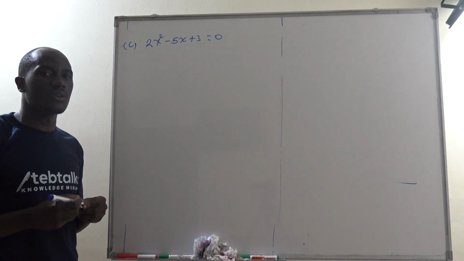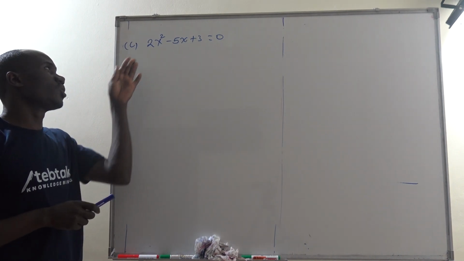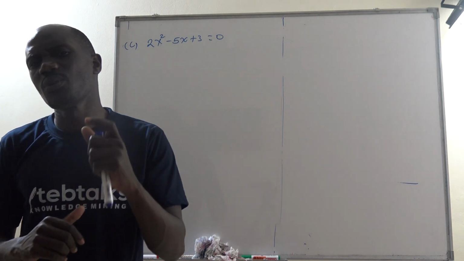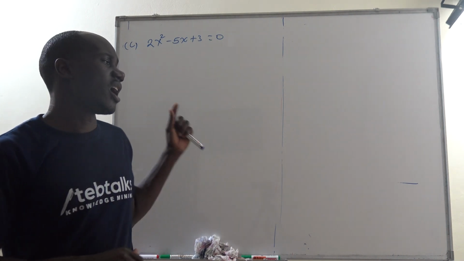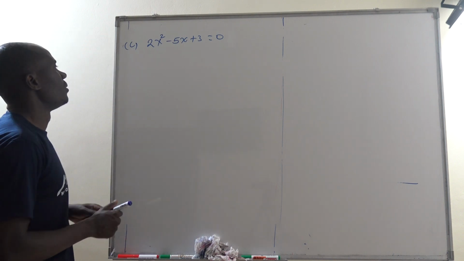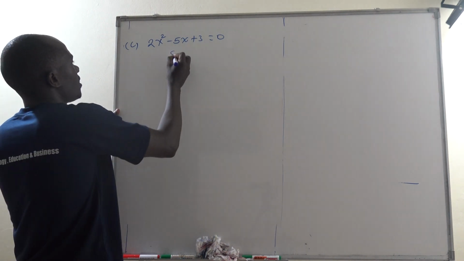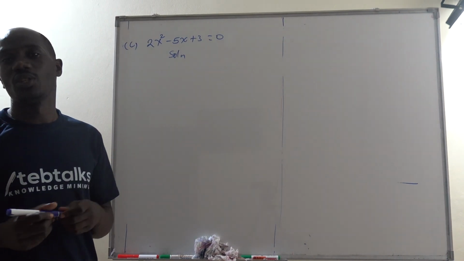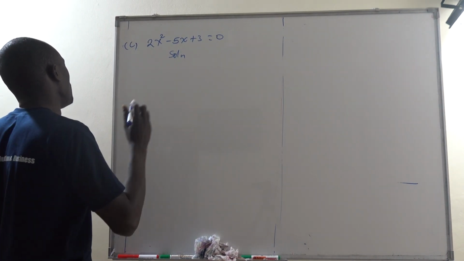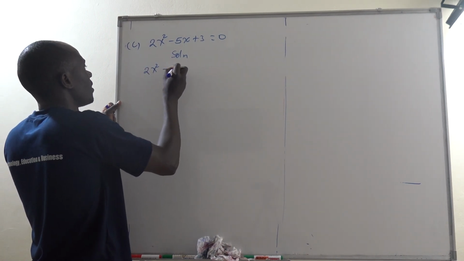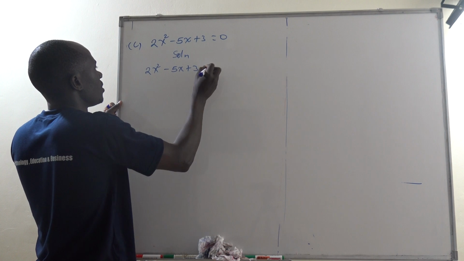I wanted to bring out this example when x squared does not have a coefficient of 1, and we see how best we can handle a number related to that. So the first step is to divide throughout by 2 so that you remain with a coefficient of 1 on x squared. So I've got 2x squared minus 5x plus 3 equals 0.